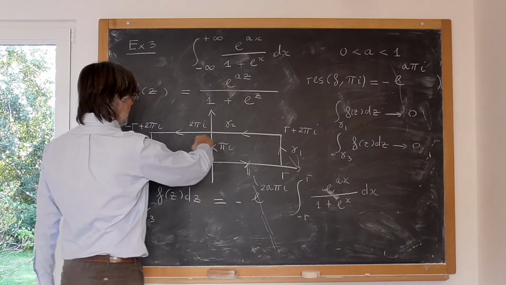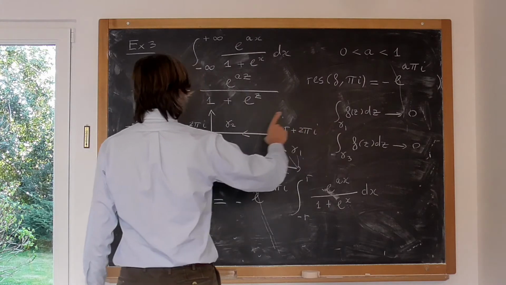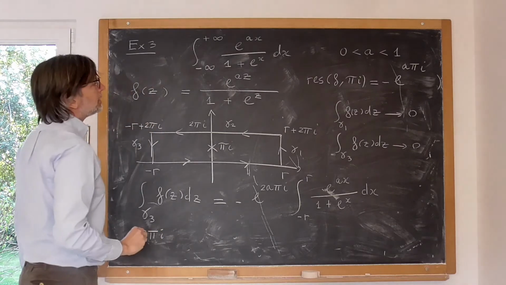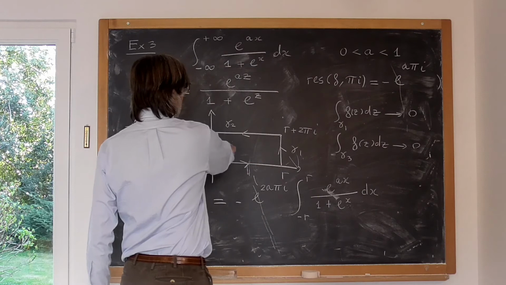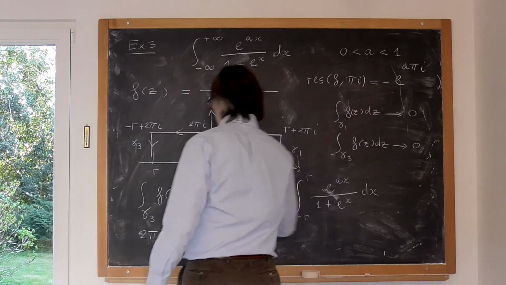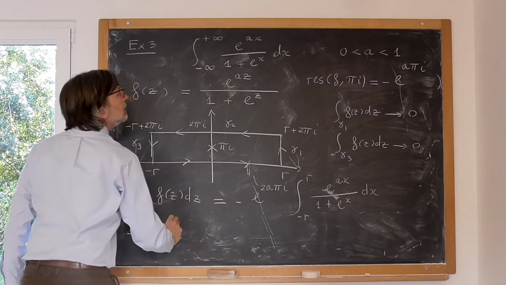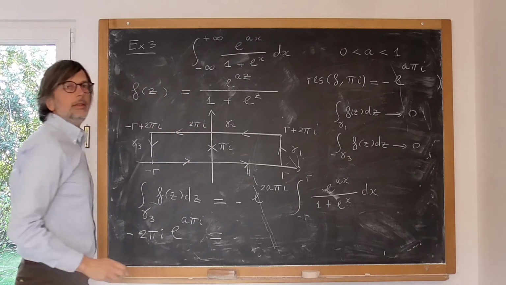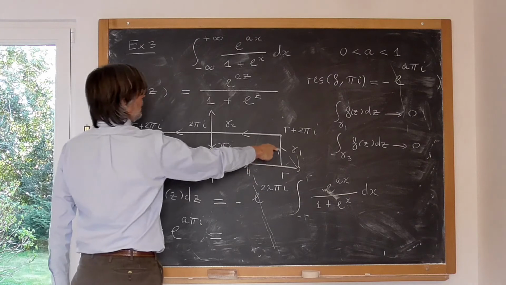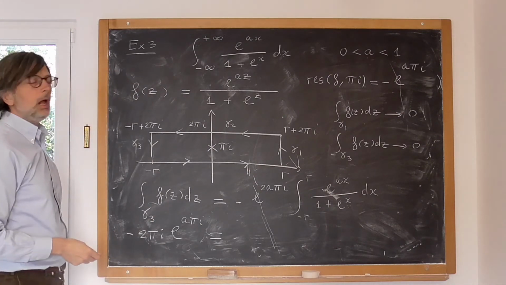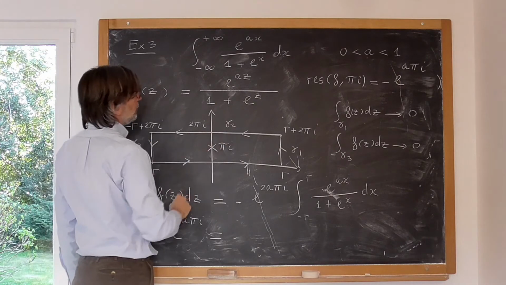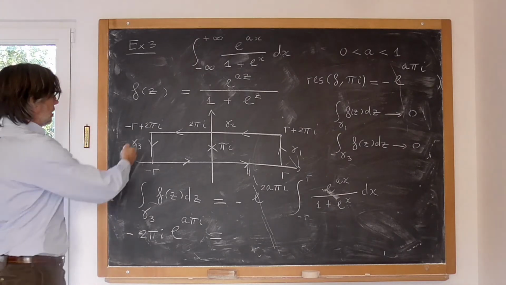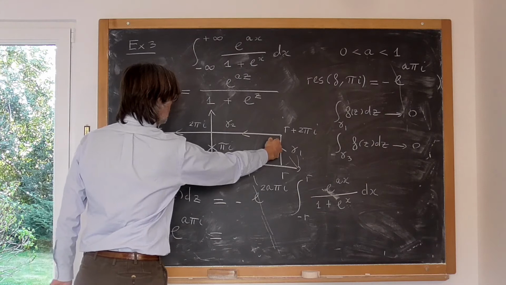So we get the equality that 2pi i times the residue at pi, so times minus, so there is a minus and there is an e to the power a pi i, equals the integral over the contour, and then of course the limit of the integral over the contour as r goes to infinity, and these two terms do not contribute.